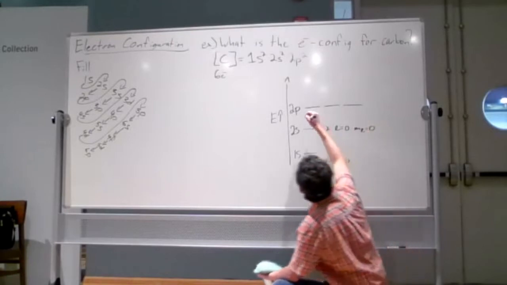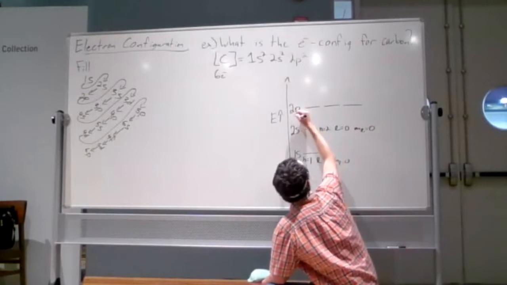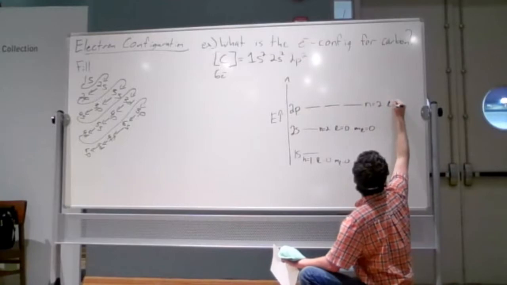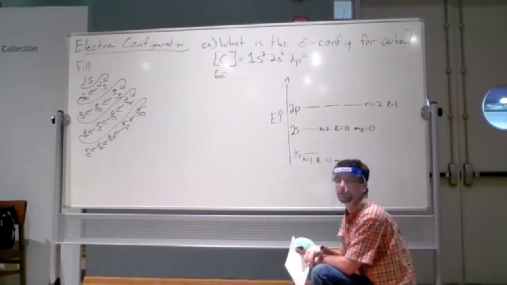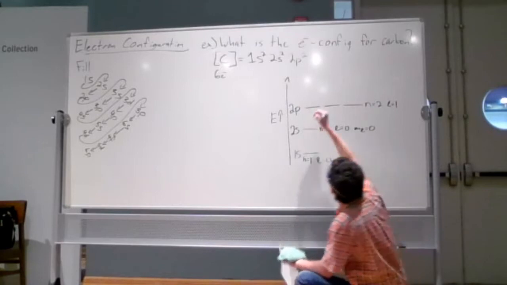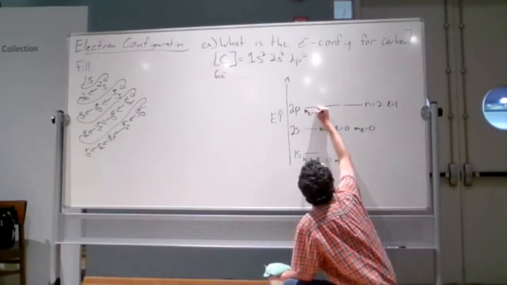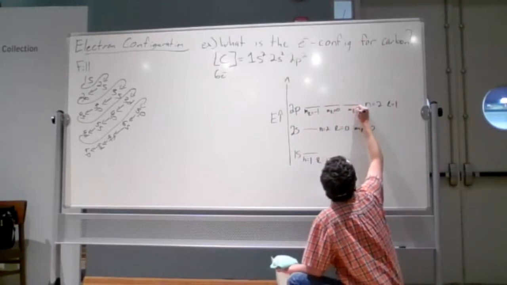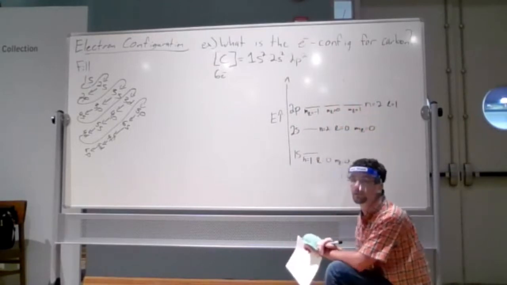Now, let's look at the p's. We know what their n value is going to be, right? What's their n value? 2. l value? 1. m sub l values? -1, m sub l is equal to 0, m sub l is equal to positive 1.